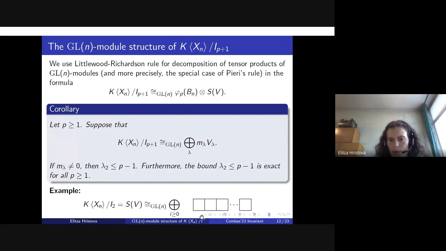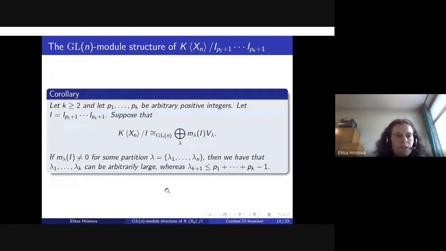The first row of the Young diagram can grow. And from the second row on, we have zeros in the partition. And this also works for the other cases, not only for p equal to 1. And using similar methods, we can prove a similar result when we have a product of T-ideals of this form.